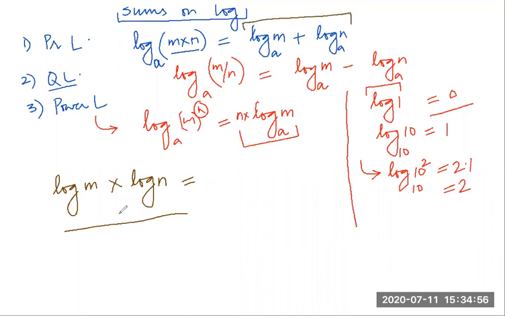Please try to understand. A lot of students make the mistake in this formula. Log of m into log of n is not equal to log of m plus log of n. It is simply equal to log of m into log of n.